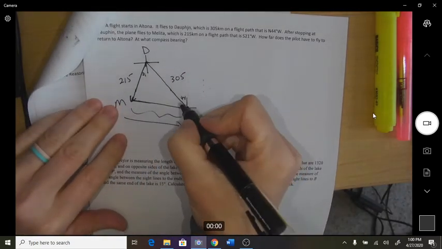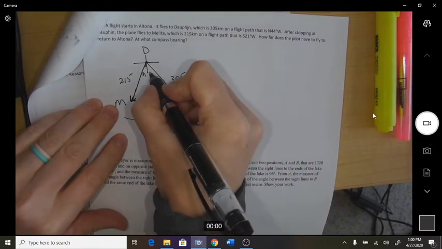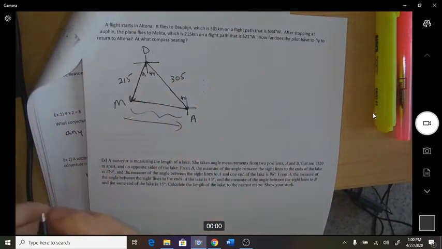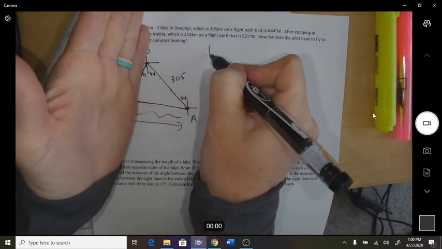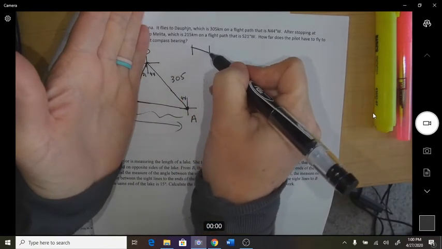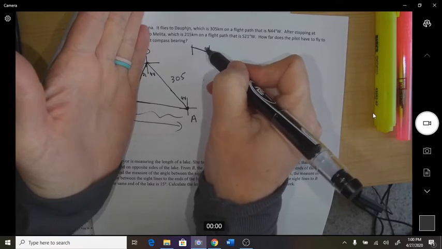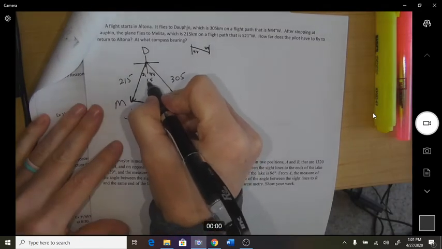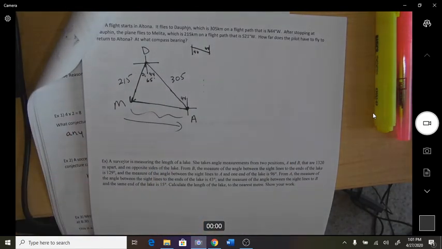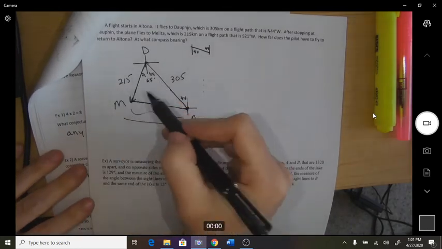Okay, so if this is 44, this is 44 as well because of parallel lines. And then that would be alternating interiors. So this is 65 degrees. And now I have SAS.